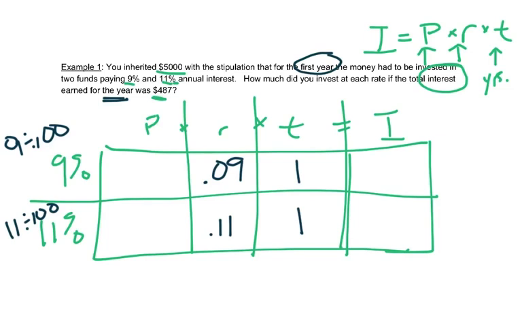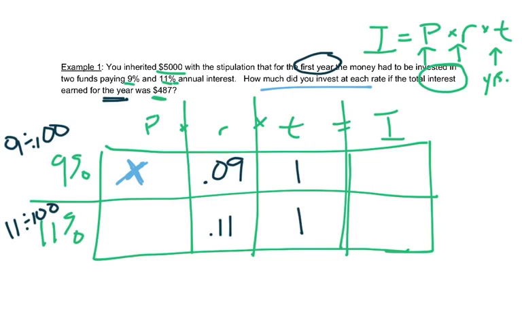So now let's talk about that principal. We're not putting all 5,000 into any one spot. In fact, we're not really sure how much we're putting into the 9% account, because that's what it's asking: how much did you invest? So let's just call that X. But if we have 5,000 total, let's say that we put 2,000 in the 9%.